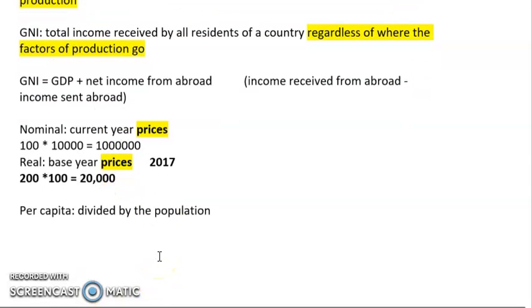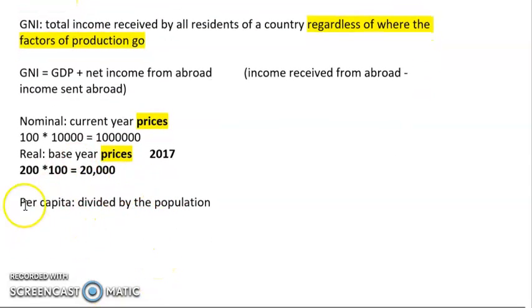Anyways, one of the other things we have is GDP per capita, right? Per capita is just a fancy way of saying divided by the population, or per person. You can think of this as important for comparisons because countries have varying populations. If you compare India and Australia, the populations are so different.